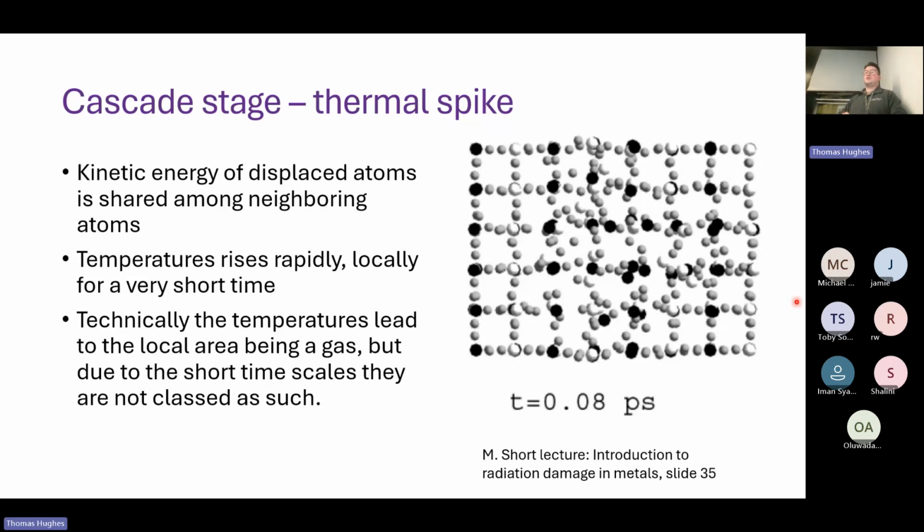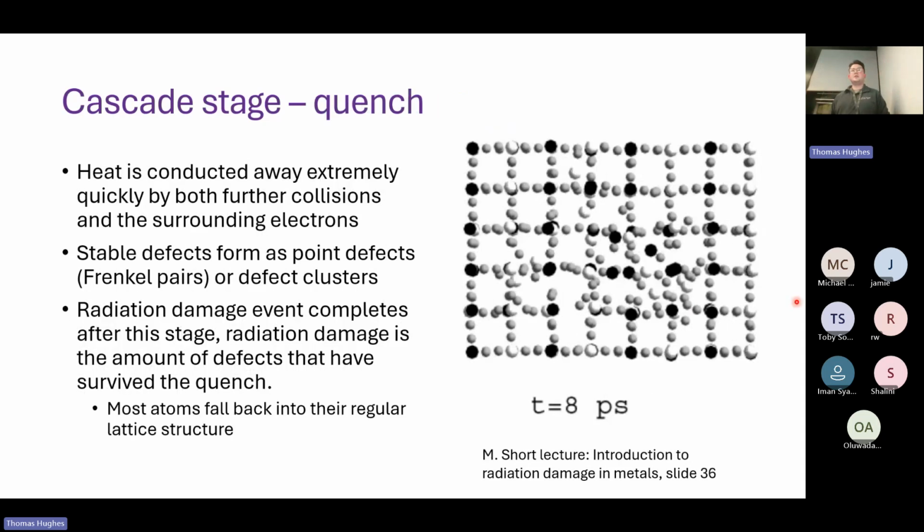The energy will be transferred away in the next stage, which is our massive quench that we saw, when most of the atoms go back to the way they were. Further collisions take the energy away, and a lot of electrons are sent very far through the lattice and get pinged off, and they transfer the energy as well.